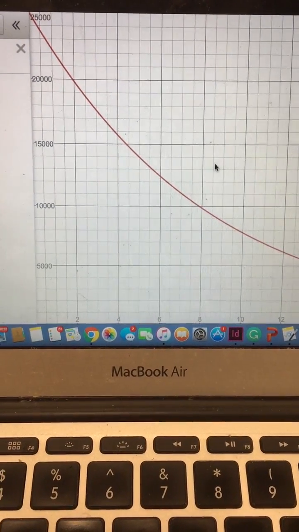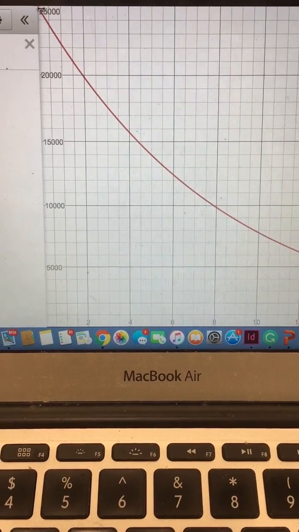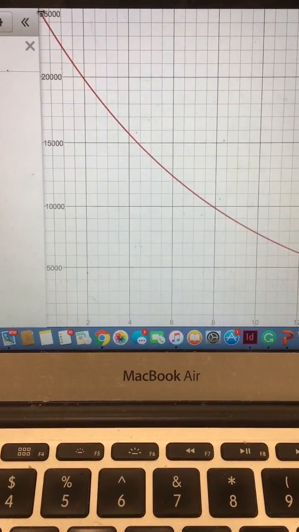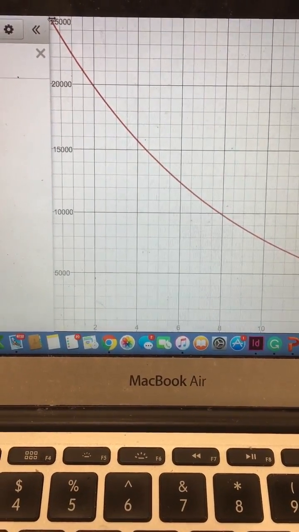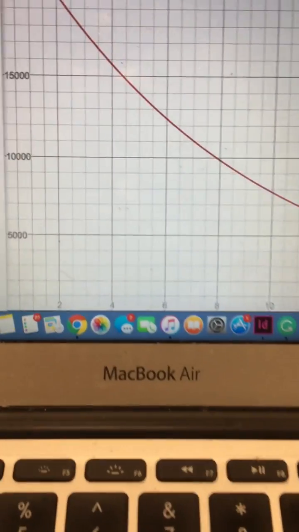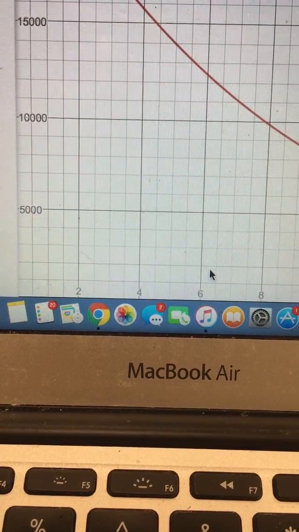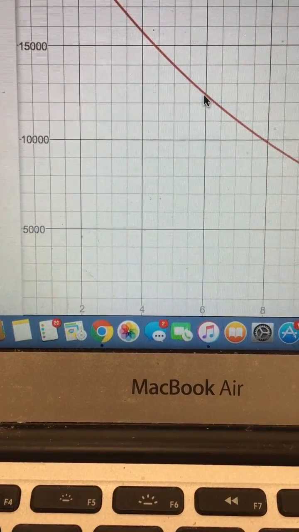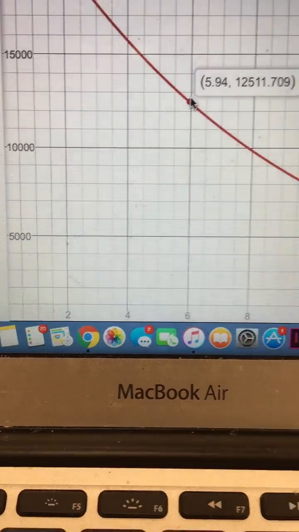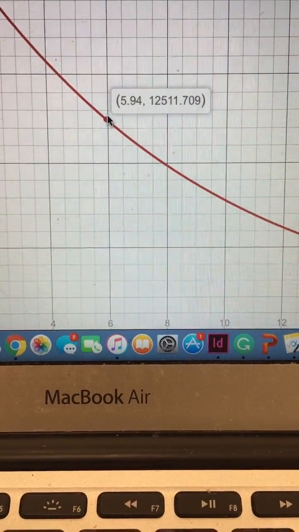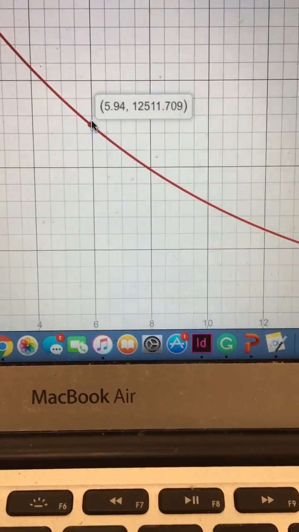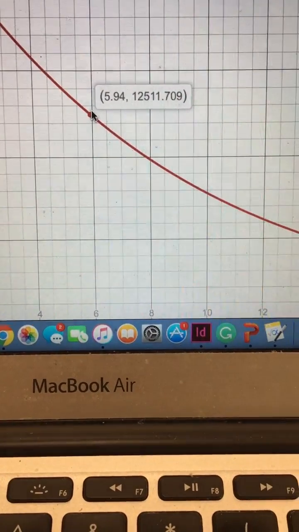All right. So notice how here, when I first bought it, it was $25,000. But I can see about how much it would be over time. Like if I look here, I can kind of click on that point. At about 6 years, my car would have been worth about $12,511.